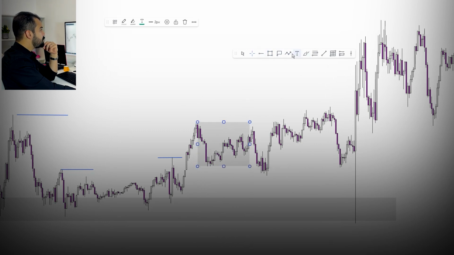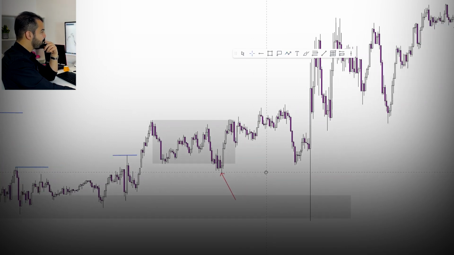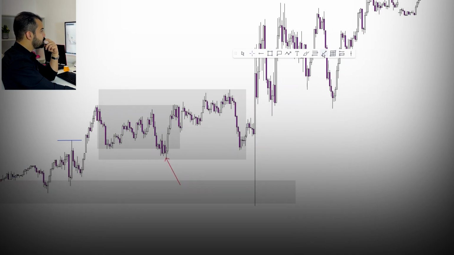Just you can imagine here at this point, we have a liquidity hunting, and what happened after that? This is another kind of trading range that we can follow here. Liquidity hunting, but maybe without confirmation.